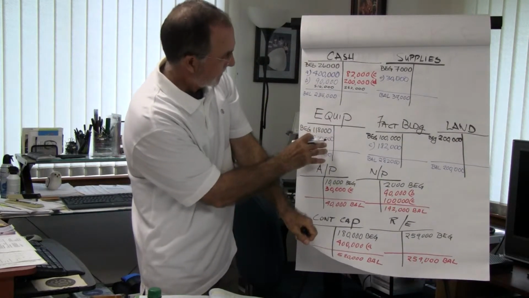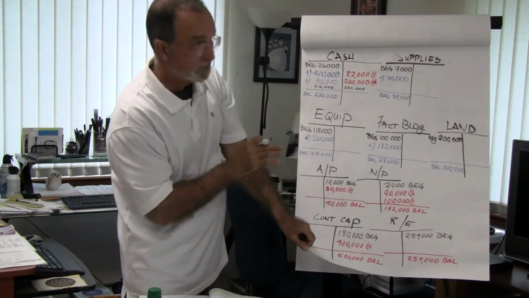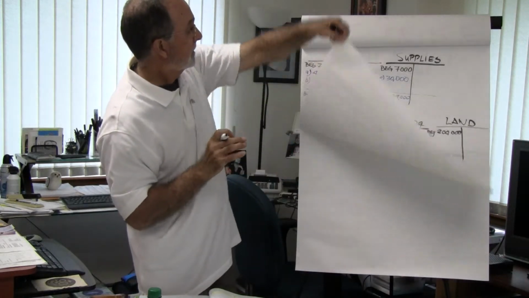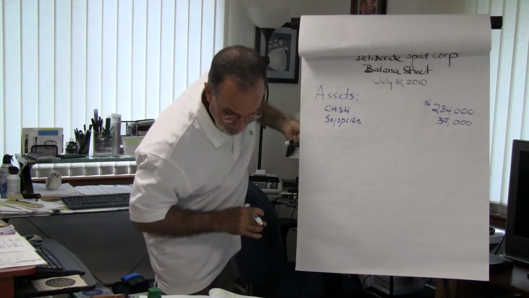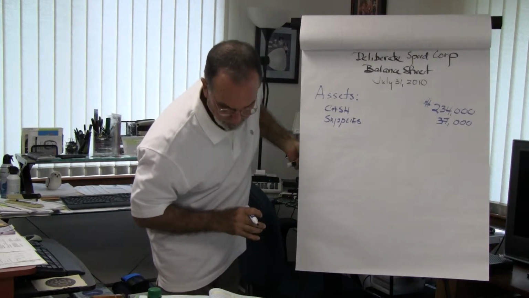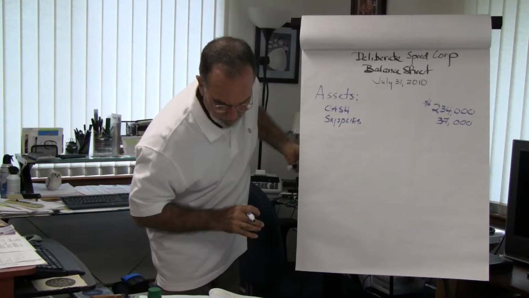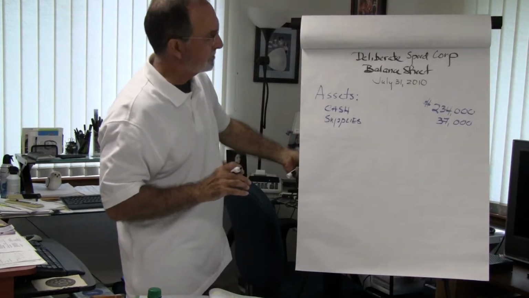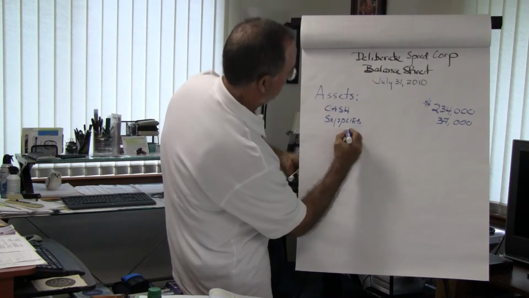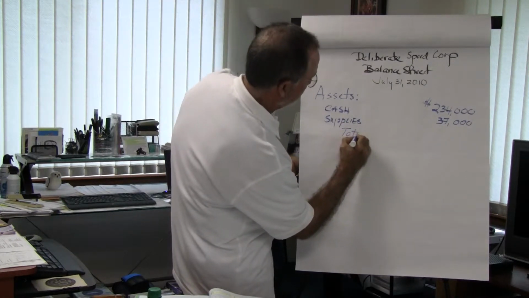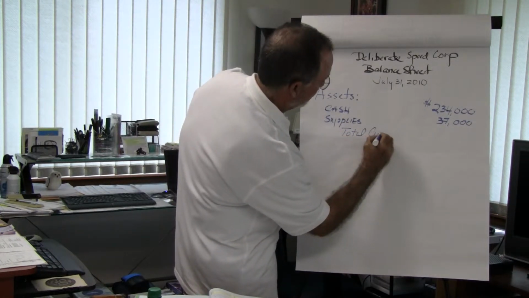Now our next three asset accounts are all non-current or long-term, and so I believe this should be a classified balance sheet, which means we need to show current assets as a separate total.